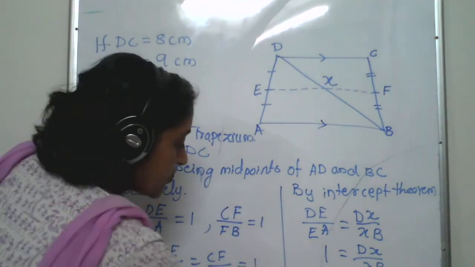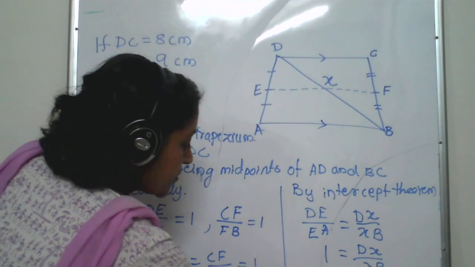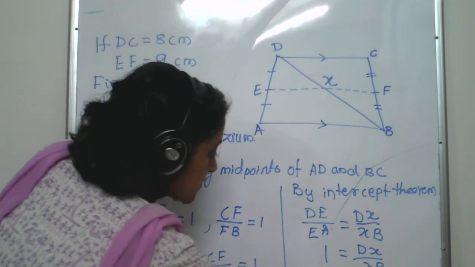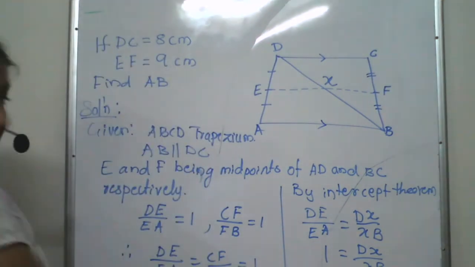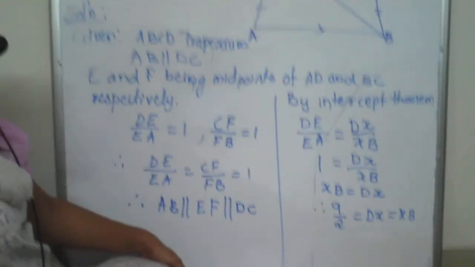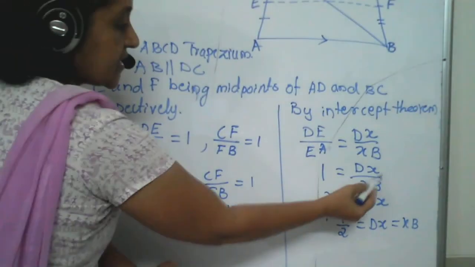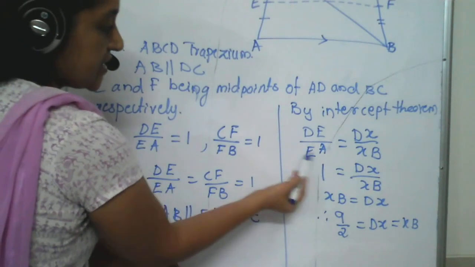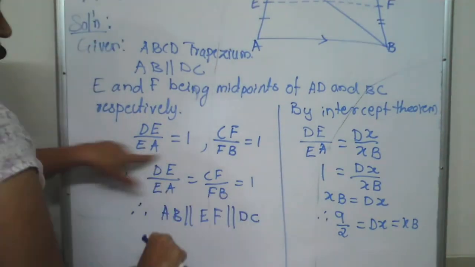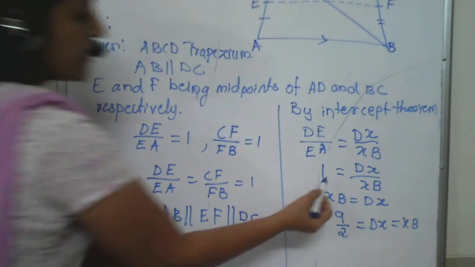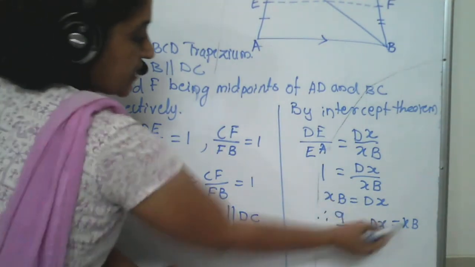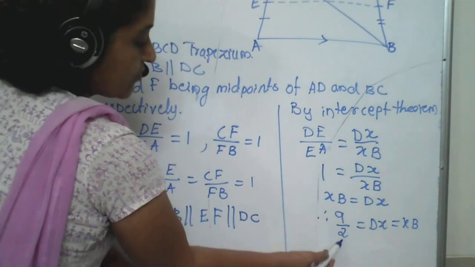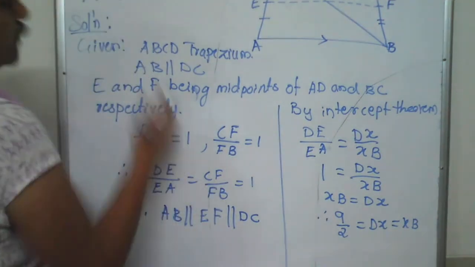So therefore 9 upon 2 is equal to DX is equal to XB. Why? Because EF is 9.